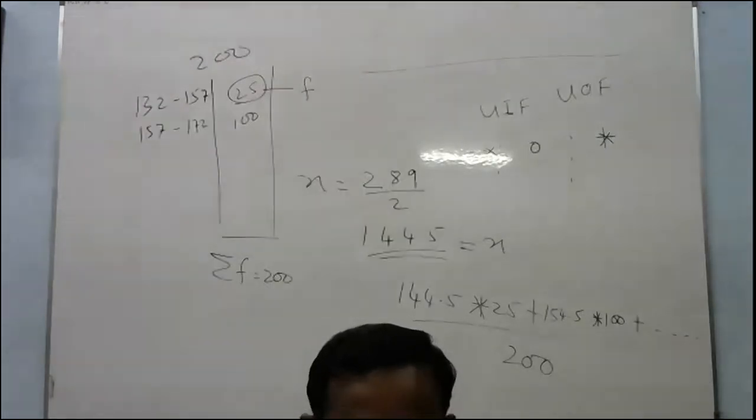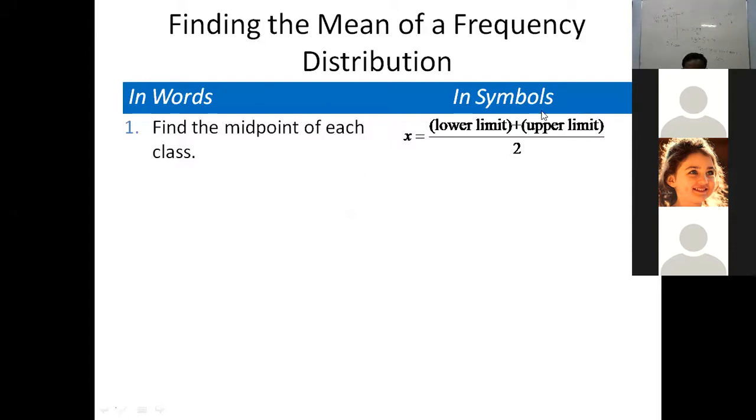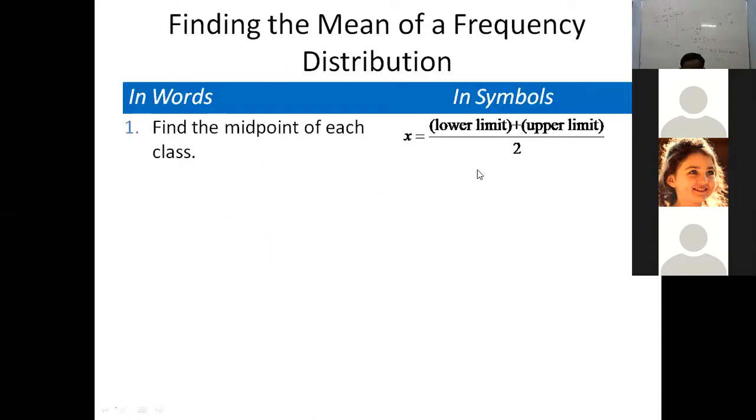Right. So we will look at an example, right? So this is the mean of grouped data that we have already discussed. The midpoint of each value, this I have already shown you how to look at the midpoint, lower limit and the upper limit divided by 2.